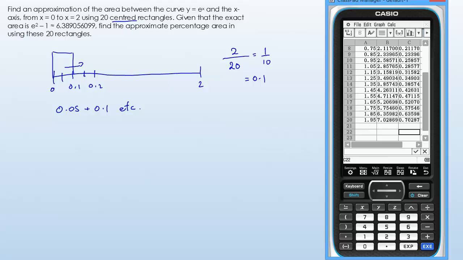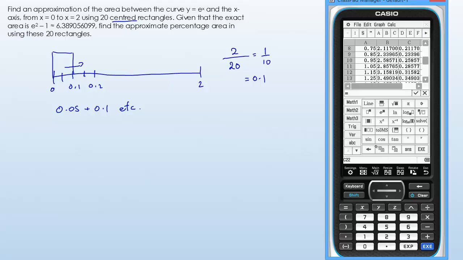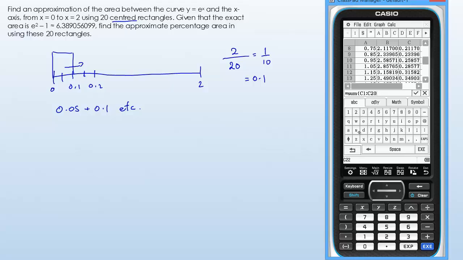And then we want the sum, so equals SUM, open bracket, and that's going to be C1 to C20, and close the bracket on that.